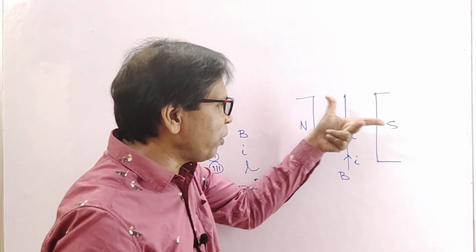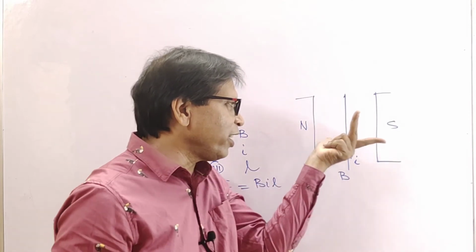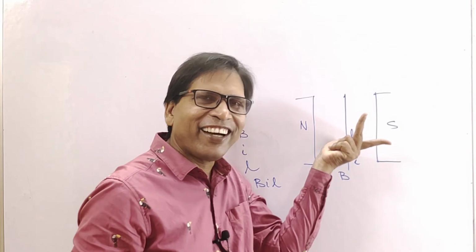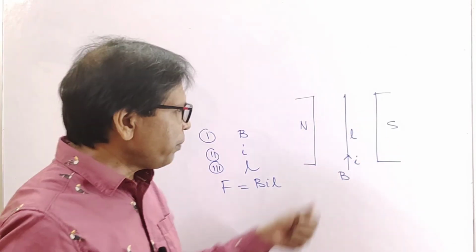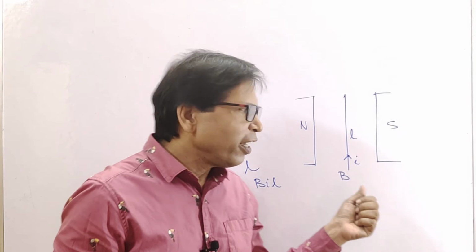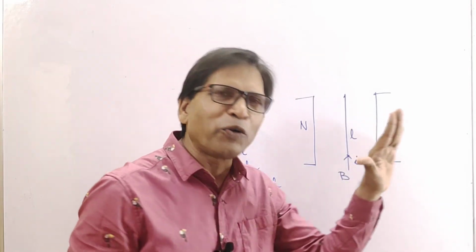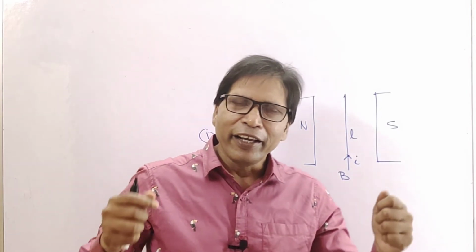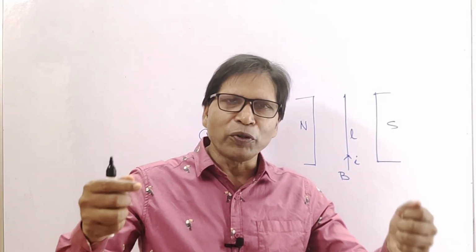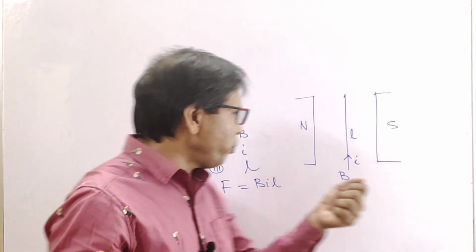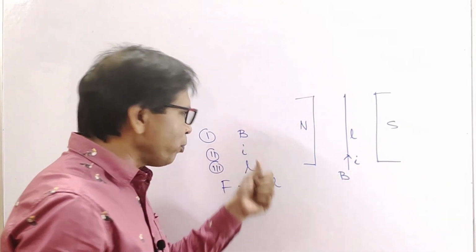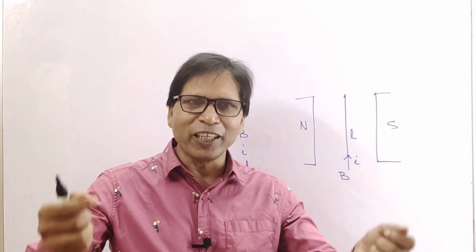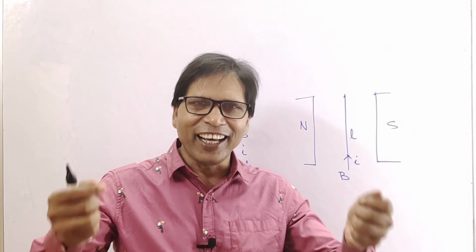This is the magnetic field from north to south. This is the direction of current. So the force is in the downward direction. If the direction of current reverses, then the force is in the outward direction. If the direction of magnetic field reverses, then the direction of force is also reversed. If both magnetic field and current reverse, then the direction of force, or motion of the conductor, remains in the same position.